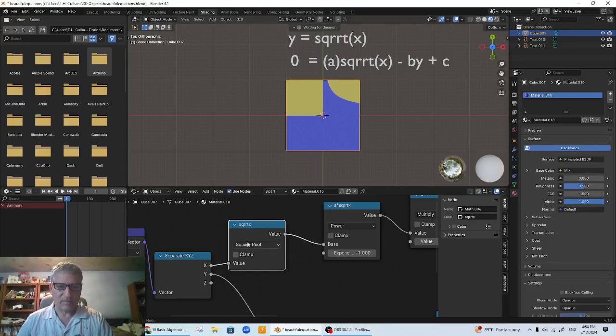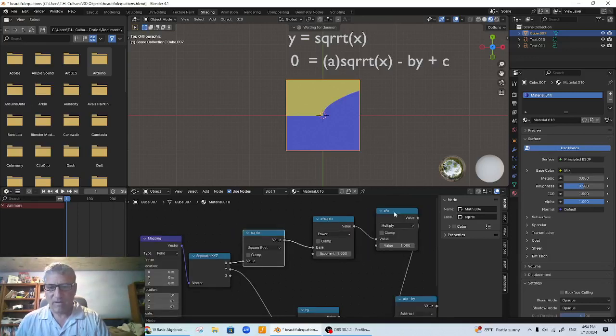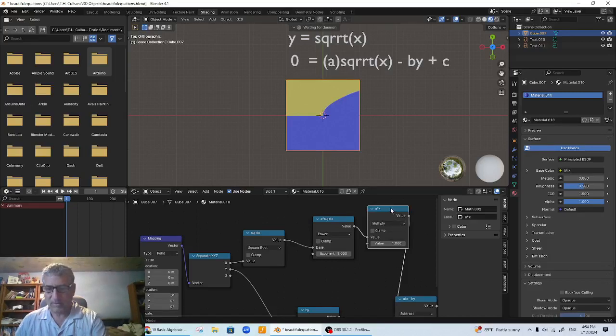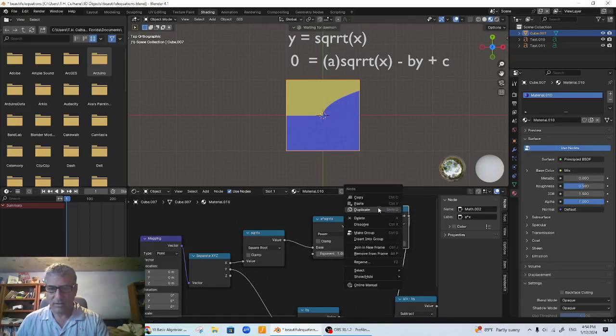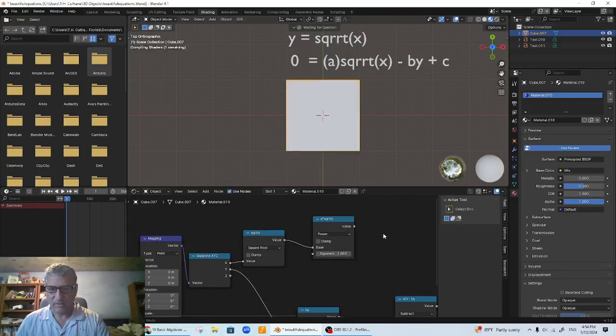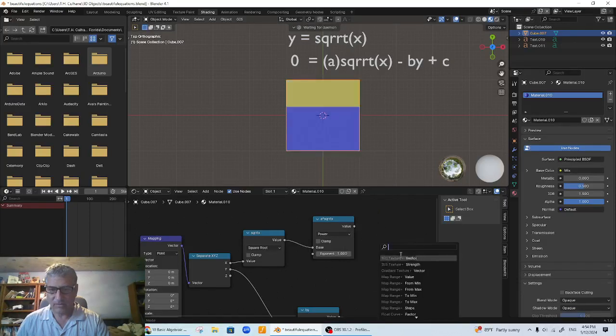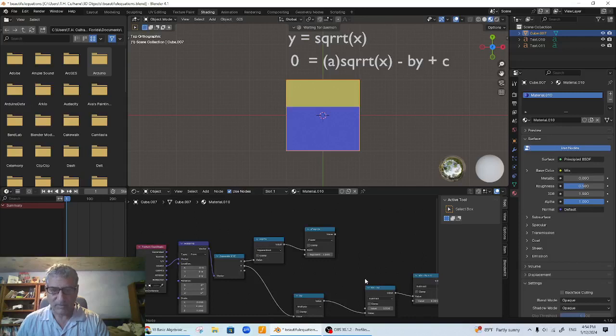That's the first one. Then we're taking a times square root, but we're multiplying it by 1 because we're not doing anything different there. And then we are multiplying by what? We don't need to multiply by 1 anymore. So you're gone. Delete.